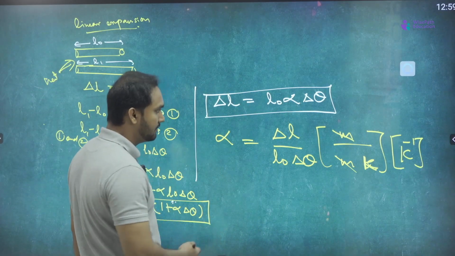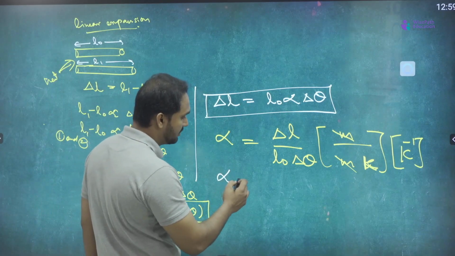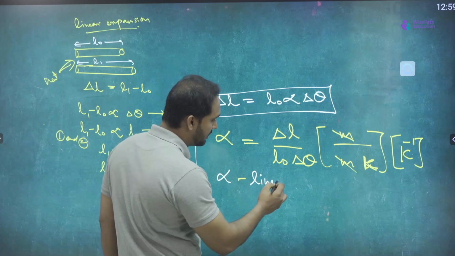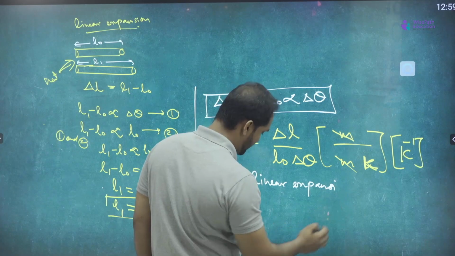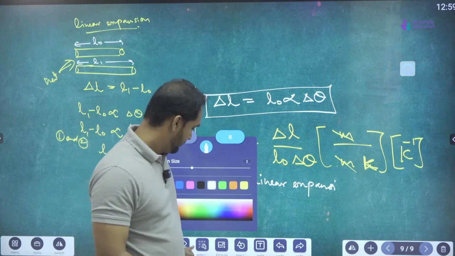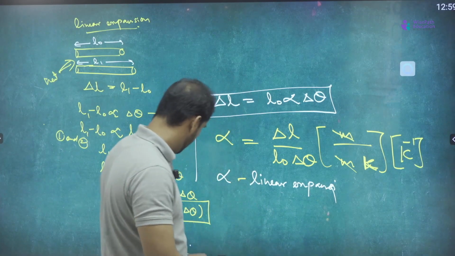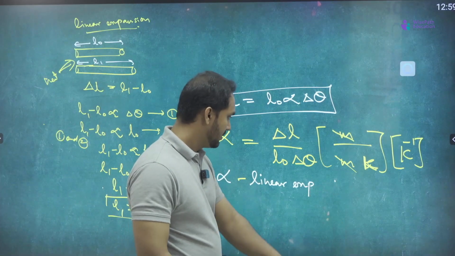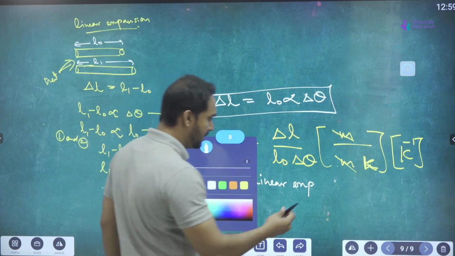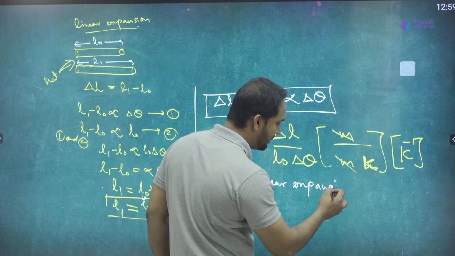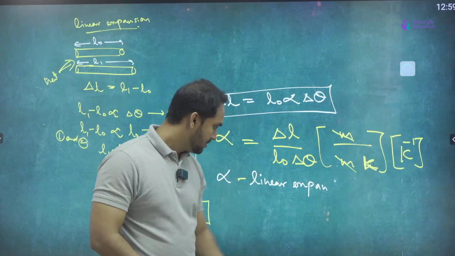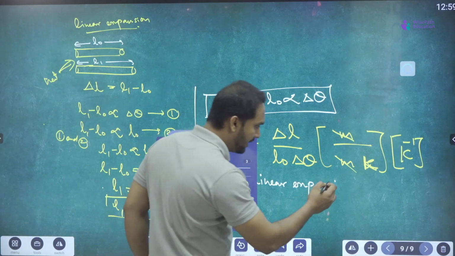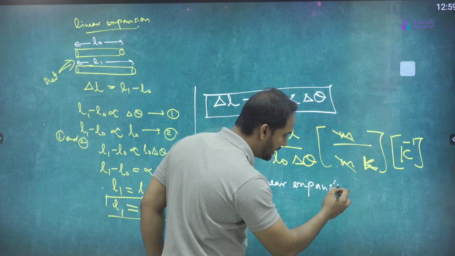Can you define the terms? Alpha is what? Linear expansivity.